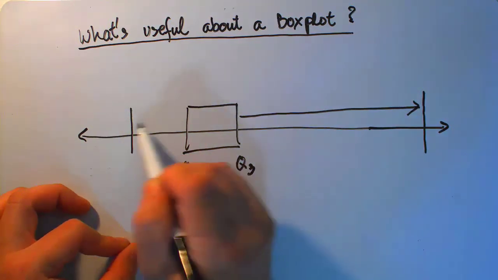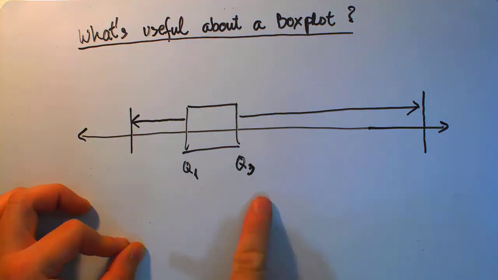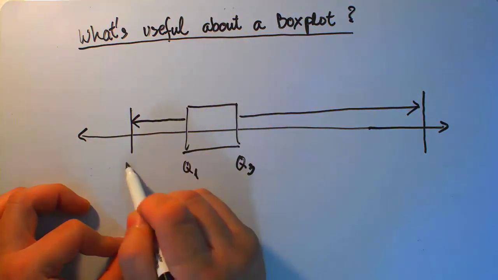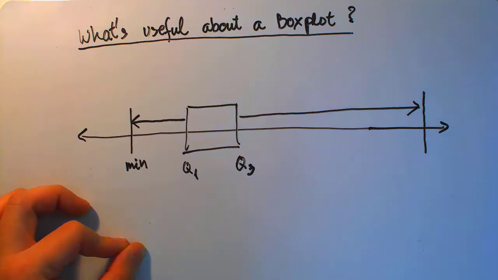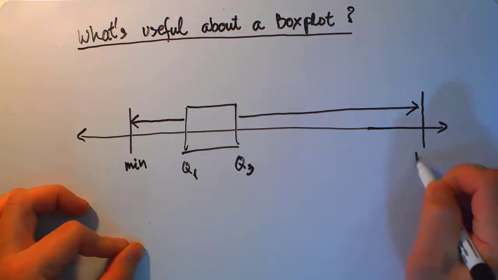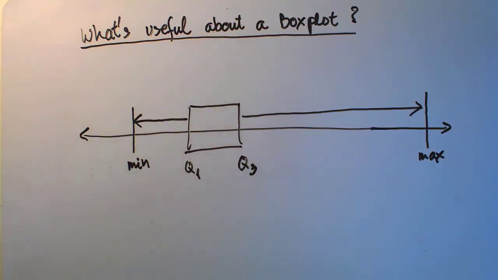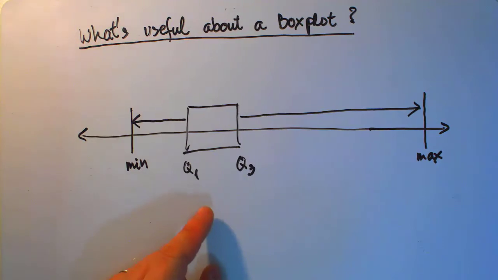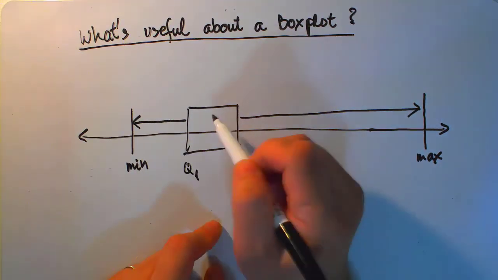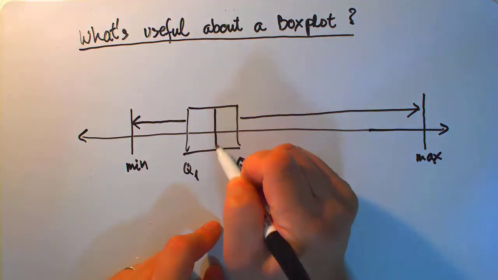But here I'm having a box plot, and Q1 is here, Q3 is here, and my minimum value is here. And I'm not even worried about the numerical values because, like I said, we don't even have a list of data listed here. And Q2 is somewhere inside of this box.